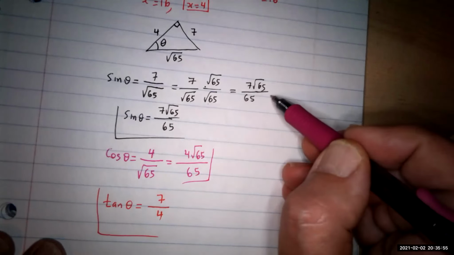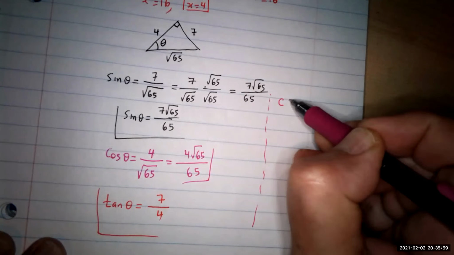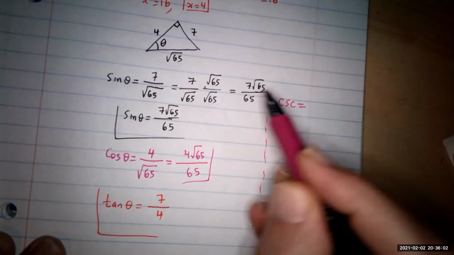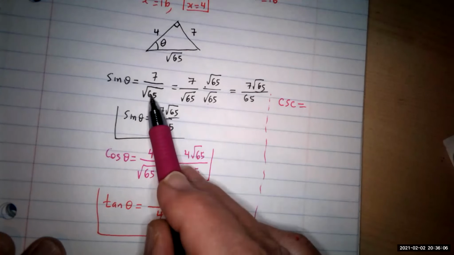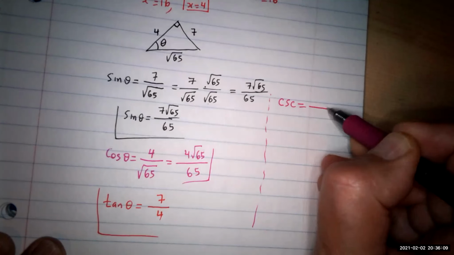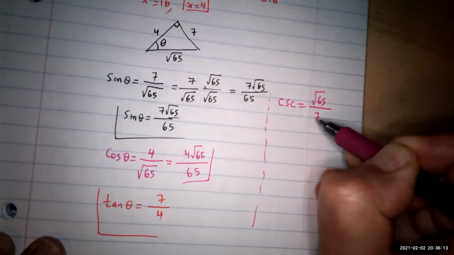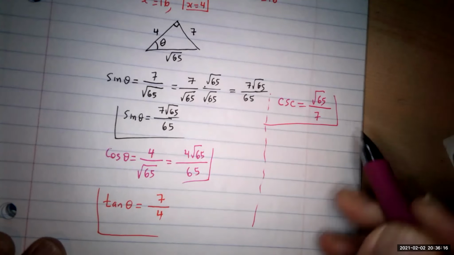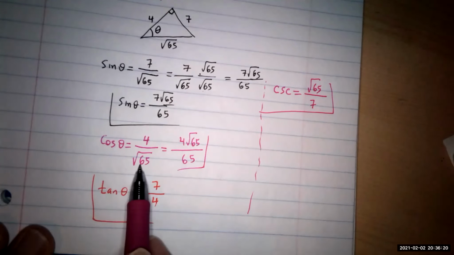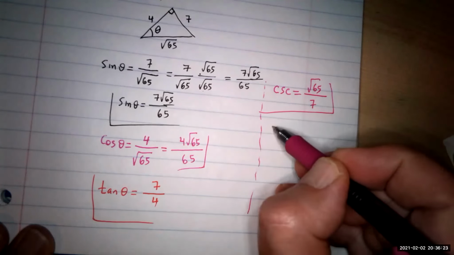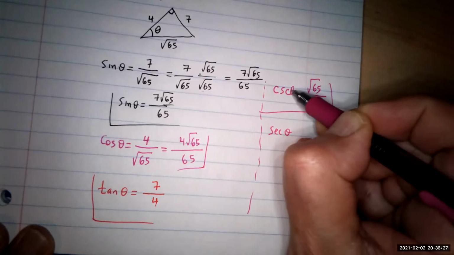Reciprocal of the sine, you see, this is it. So that gives you cosecant. You better take the reciprocal of this one, because otherwise you have to change it. Okay, this is it. So that gives you radical 65 divided by 7. If you use the reciprocal of this part, that gives you secant. Sorry, that's a cosecant of theta, of course.